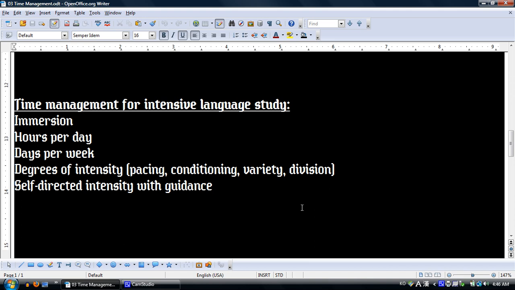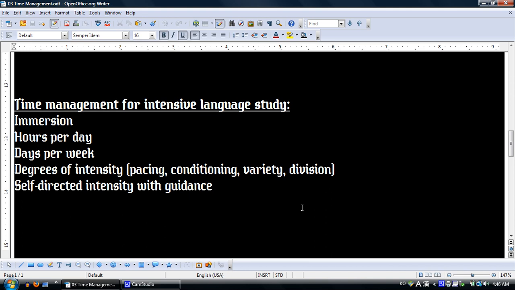But if it means that you just don't do anything, you study hard for 5 days, and then 2 days you don't study at all, is this a good strategy for learning a language? No, absolutely not. It means 2 steps forward, 1 step back. It's not a good way of studying. It's much better to be consistent, to do it every single day.